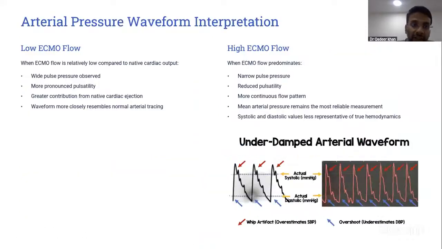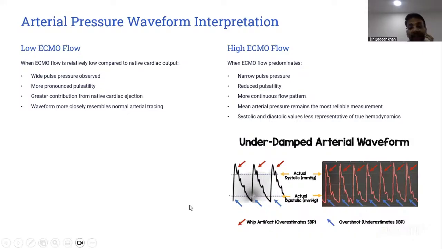As I told, the problem arises when you have VA ECMO and you're returning the blood to the patient through a femoral artery. When there is low ECMO flow and the native cardiac output is good, the pulse pressure is normal or wide, and you have pulsatility of the arterial waveform.